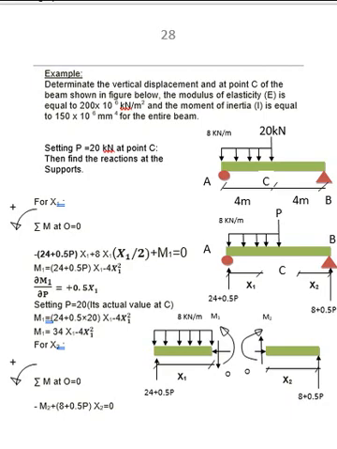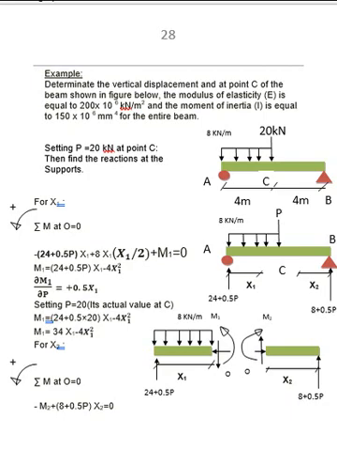Then we will find the reactions at the supports by applying the static equations: sigma Fx equal to 0, sigma Fy equal to 0, sigma M at the support equal to 0.